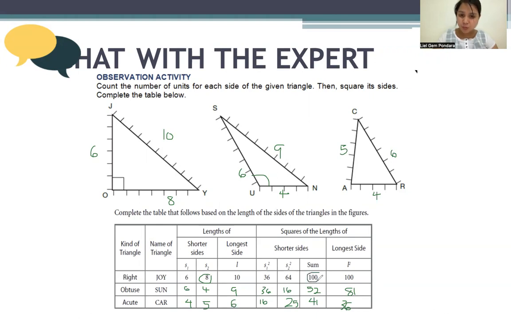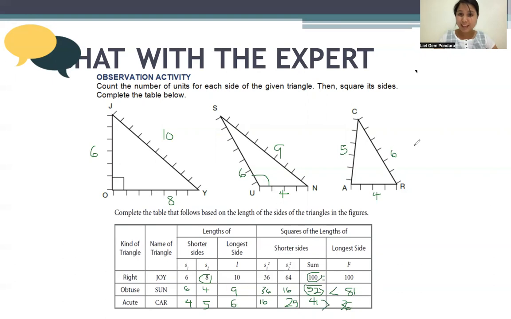The sum of the squares of the two shorter sides is equal to the square of the longest side for the right triangle. For the obtuse, the sum is less than the square of the longest side. While for the acute, the sum is greater than the square of the longest side.